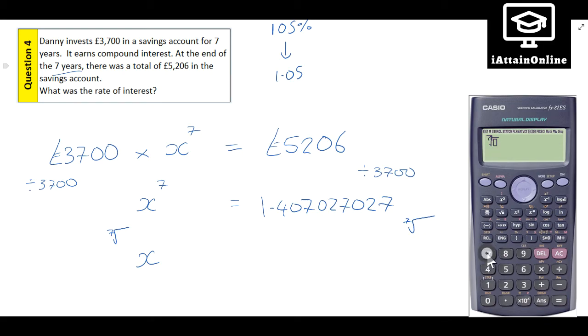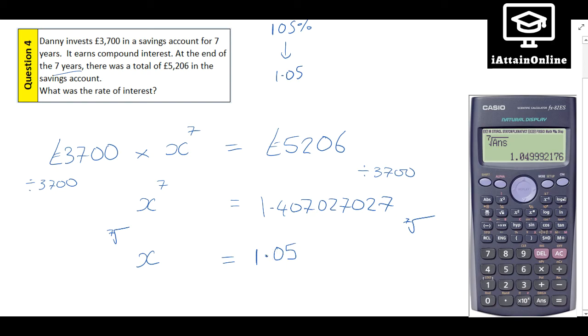So I'm just going to put in 7, because we're trying to do the 7th root, that's the number of years, and then I'm going to press the ANS button, which has stored the answer from the last one, and that tells me that x is going to be, to 2 decimal places, 1.05.